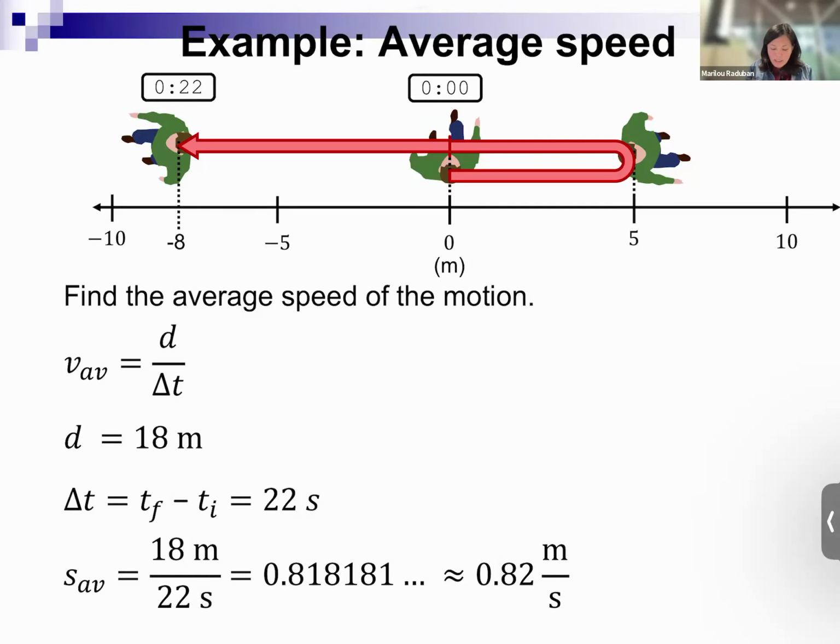Again, here is an application of the significant figures that we learned yesterday. The distance is 18 meters, two significant figures. The time is 22 seconds, two significant figures, and hence we round our answer to two significant figures.